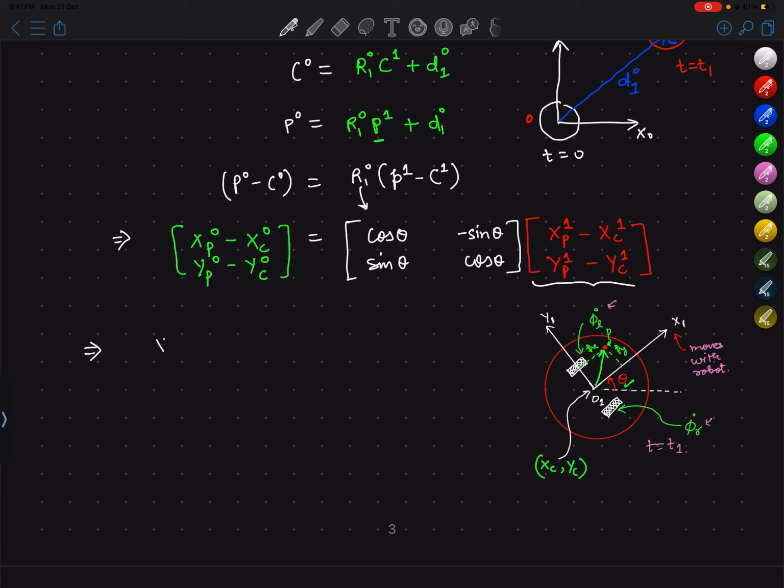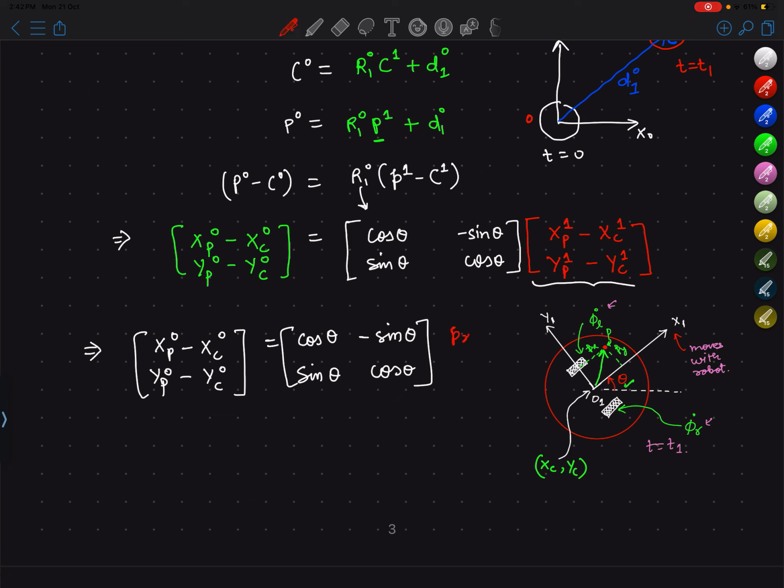So we can write xp naught minus xc naught, yp naught minus yc naught equals cos theta, minus sin theta, sin theta, cos theta, into px py. This is the relation.